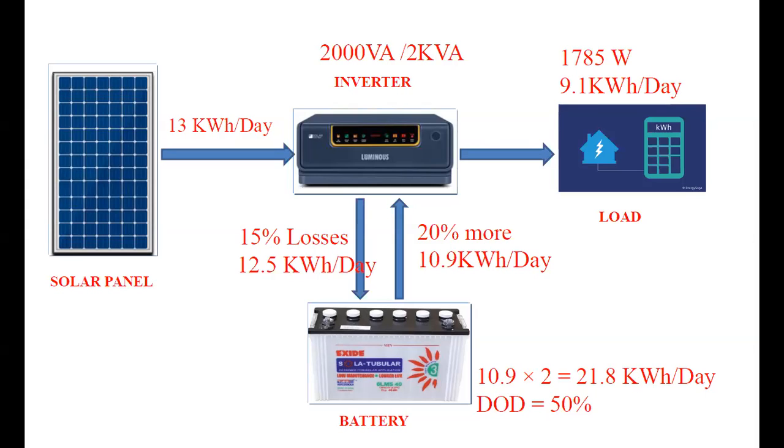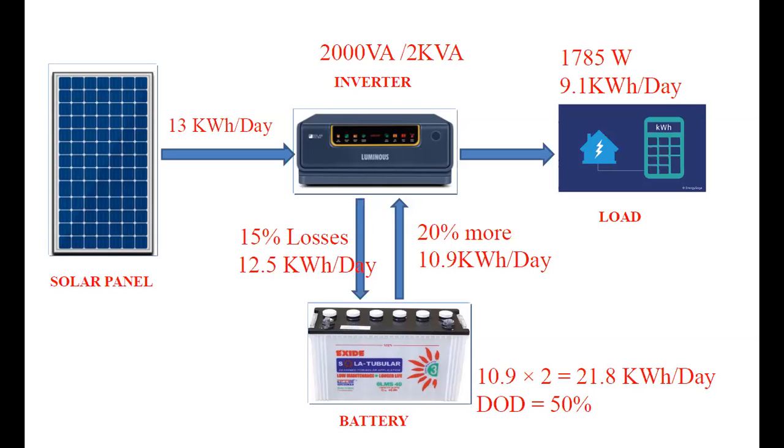The first step is the selection of the inverter. How can you select the inverter? The inverter ratings are normally specified in kVA or VA. The practical ratings available are 1 kVA, 2 kVA, 3 kVA, 5 kVA, and so on. Similarly, lower power ratings are also available.